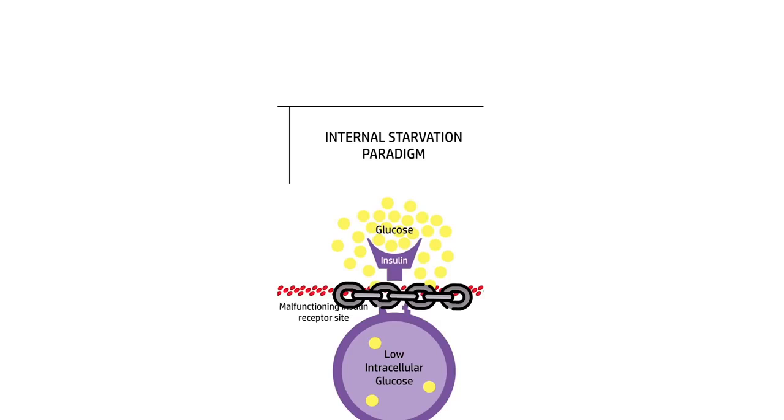We know the gate is normal, but perhaps there's a piece of gum or something within that lock which is blocking it. If that's the case, then the glucose is piling up outside in the bloodstream, but inside the cell, there's a very low level of glucose. This is sometimes called internal starvation, because there's nothing on the inside and all of it's piled up on the outside. And that's the way we classically think about insulin resistance.